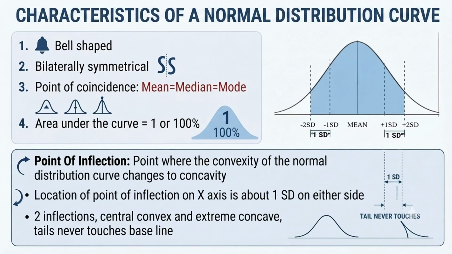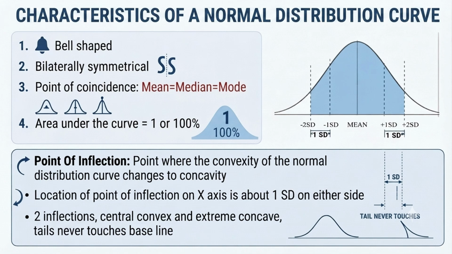As you can see in the curve, there is convexity or apex in the middle, and the point of inflection is where the convexity of the normal distribution curve changes to concavity. Apex is at the center and at the peak, and while coming down, this convexity gradually shifts into concavity.